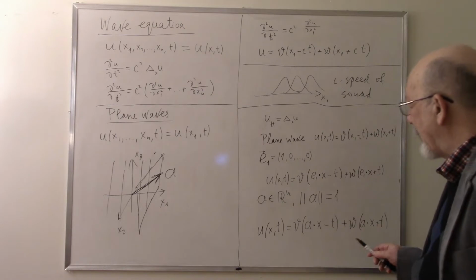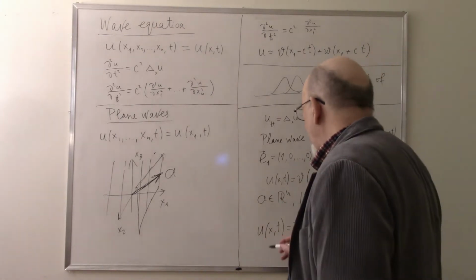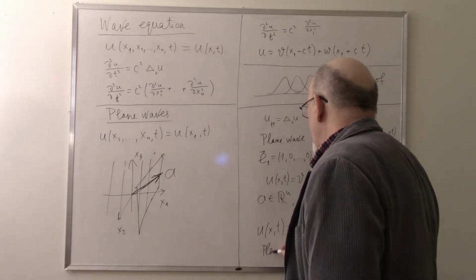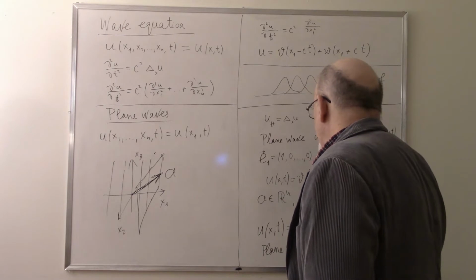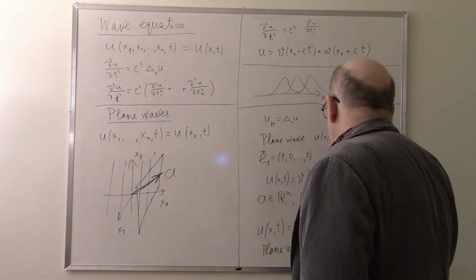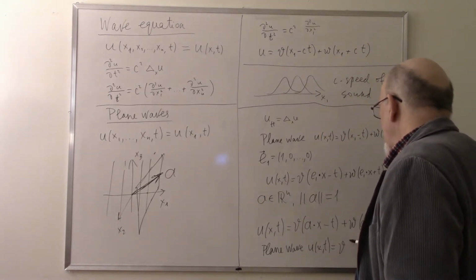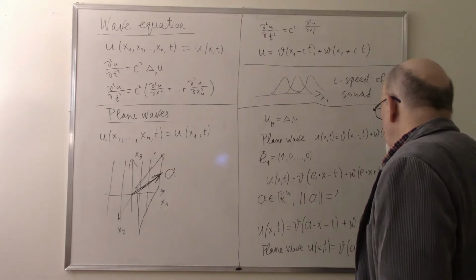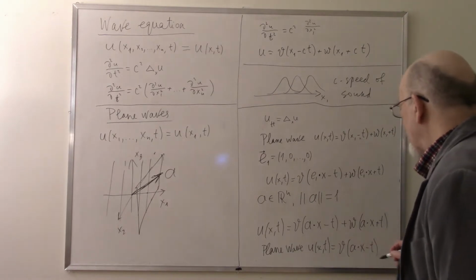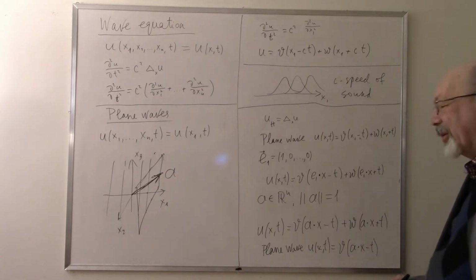So this means that the general plane wave has the form u of x,t equals v of a dot x minus t. It's enough. We can represent any plane wave in this form.